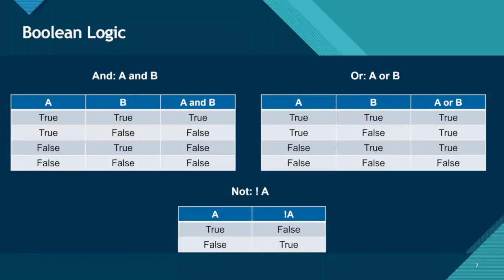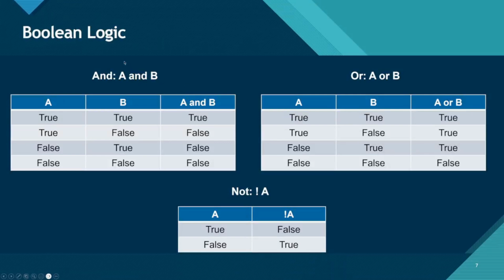And so that is comparisons. Then we also have Boolean logic in the sense of if a and b, or if a or b, or not a, like I was saying before. So here are some just basic tables that show how these things are evaluated.